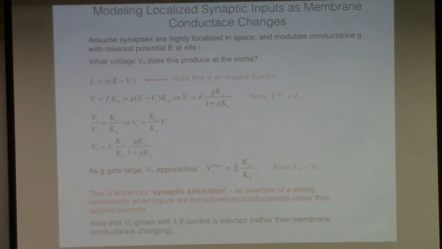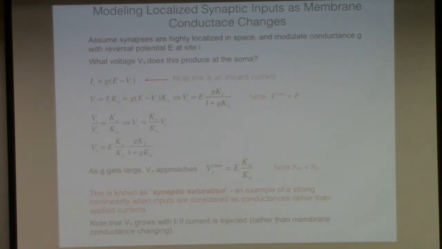So you're limited in how much charge you can inject into that neuron at that site by changing conductance, and therefore you're limited in how much voltage you can produce at that site. So this is a nonlinear relationship between conductance and the voltage that it generates. Whereas if we were thinking of a synapse as simply injecting some current into that location, there's a linear relationship between that current and the produced voltage given by Ohm's law, and we could make the voltage as large as we want by injecting more current.